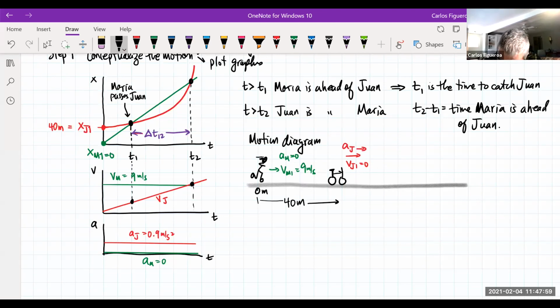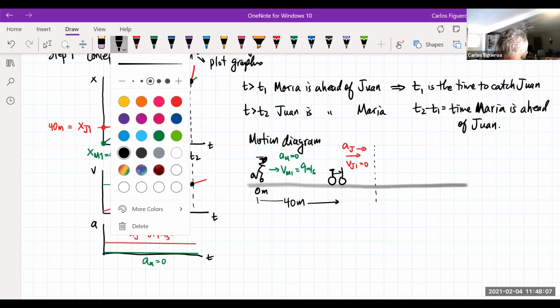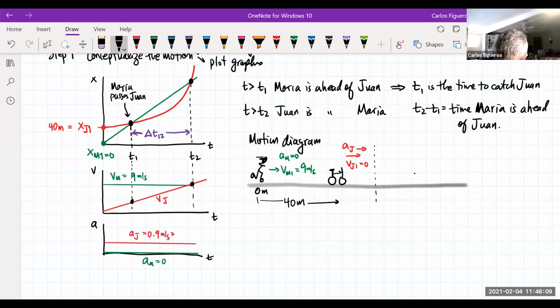And then at some point, you're going to see that she has to be passing him. And so the question is, how do you draw this? I don't know. Maybe the way we draw this is that as she's moving at the same location, she's about to pass Juan on his bike when she's moving here and he's moving there.